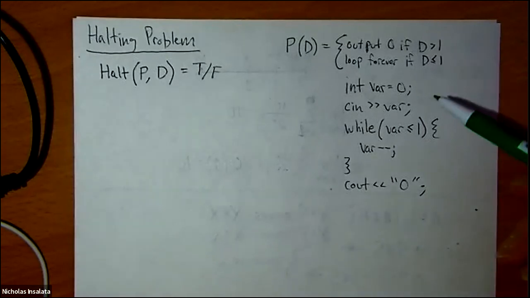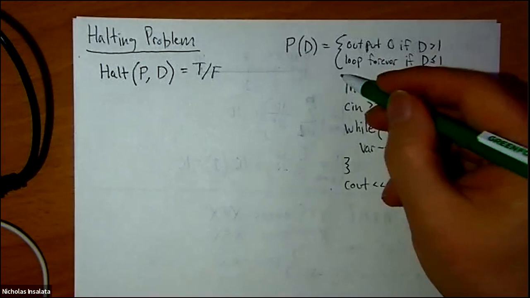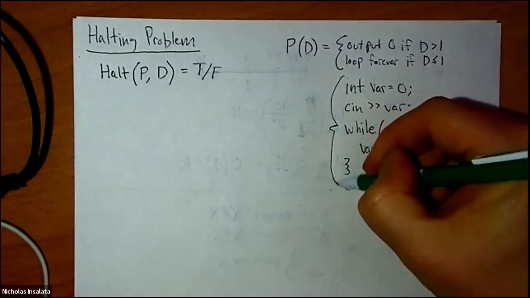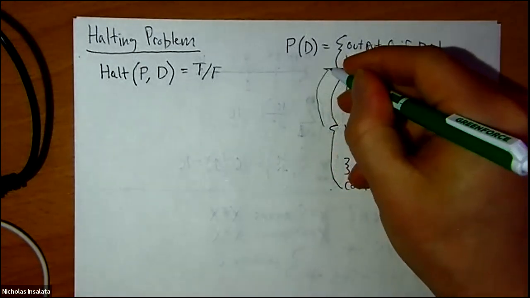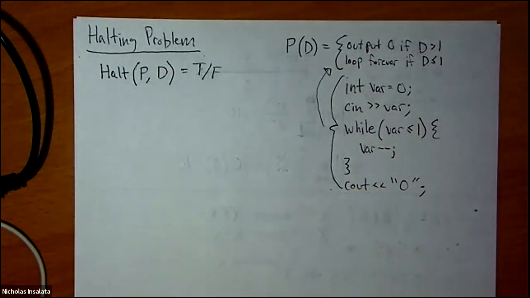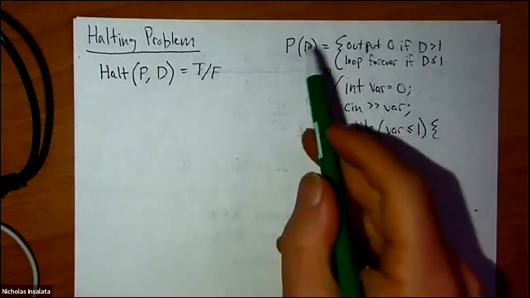So are y'all happy with this program being a C++ implementation of that function? Is everyone with me on that? Any questions? Does at least that part make sense? Okay, that part makes sense. Cool.